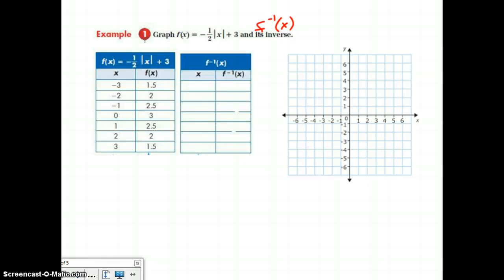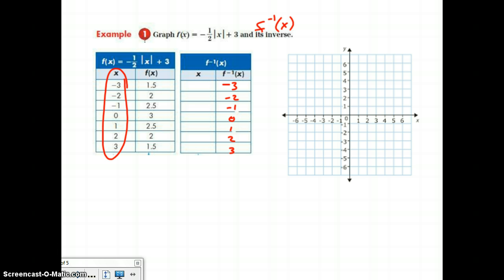And literally all we're going to do is swap the input and the output values. So these are my inputs in my original function, and they're now going to become the outputs in my inverse. So where I have f to the negative 1 of x, that's going to be negative 3, negative 2, negative 1, 0, 1, 2, 3.